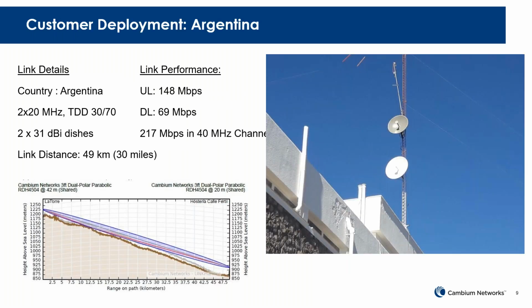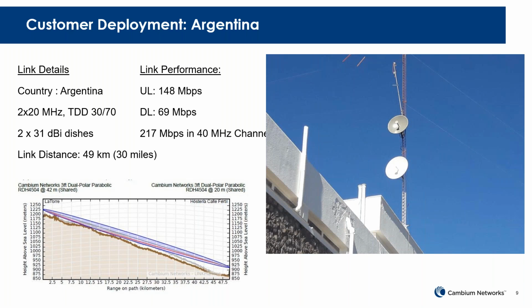This is a case deployed in Argentina with two 20 megahertz channels, and the TD cycle is 30/70. They're using a 31 dB antenna on both ends. You can see the link performance is 217 megabits with two 40 megahertz channels. The link distance is about 30 miles or 49 kilometers.